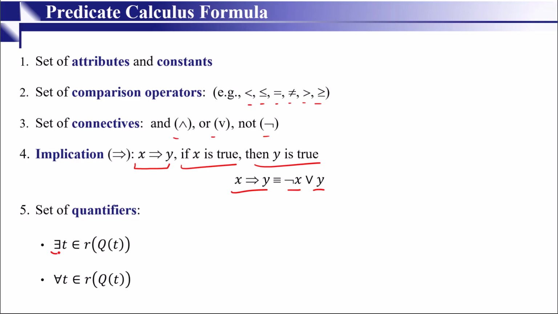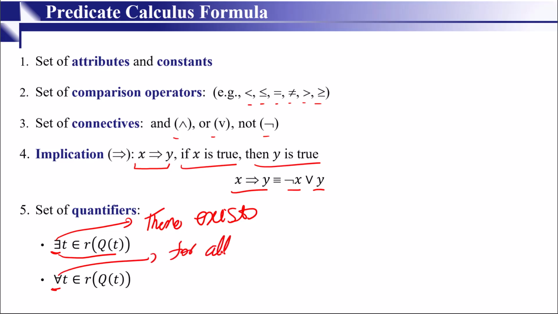We call this one there exists: there exists a tuple t in relation R such that predicate Q(t) is true. And this one is for all: Q is true for all tuples t in relation R.